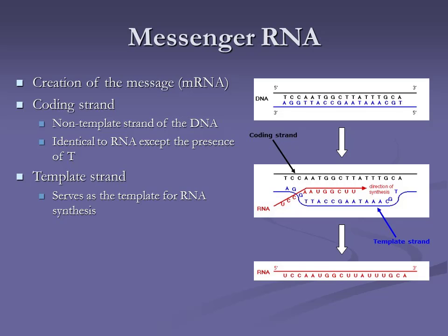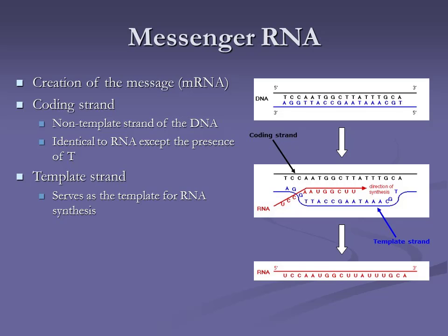The messenger RNA is identical to the coding strand of the DNA, with the exception of T's in DNA and the uracils, the U's in RNA. But what RNA polymerase is going to read is it's going to read our template strand so that it can produce that RNA strand that has the same code.